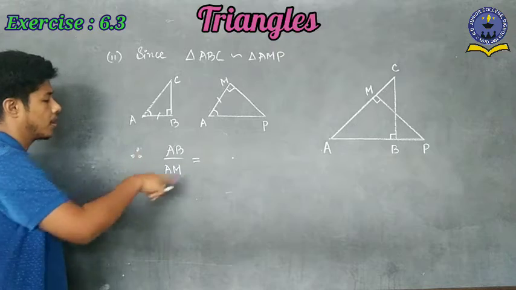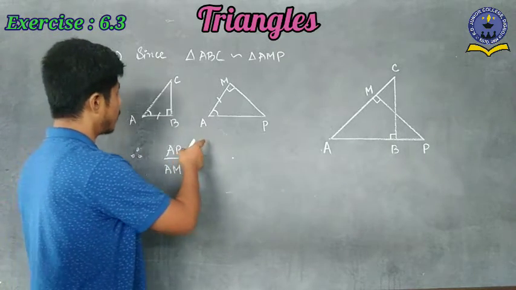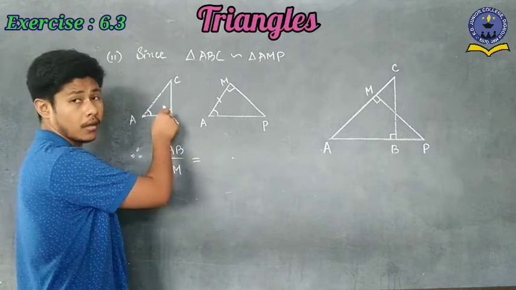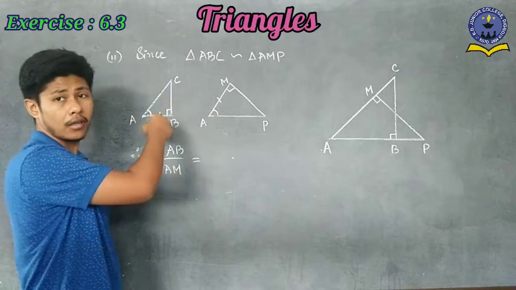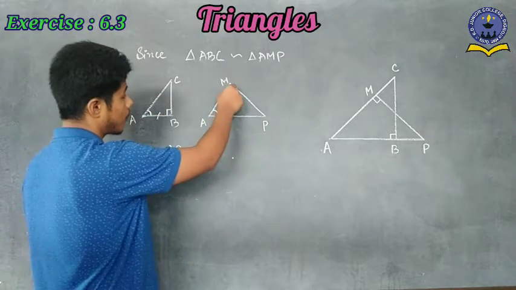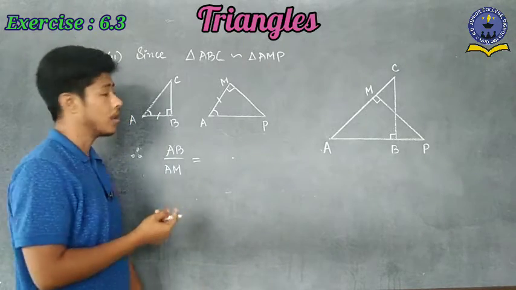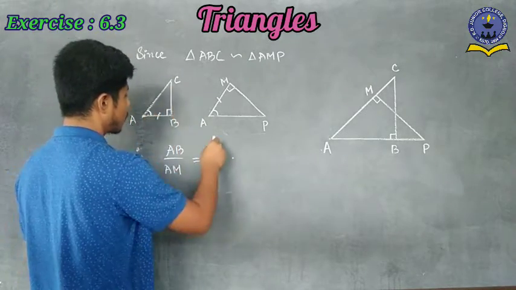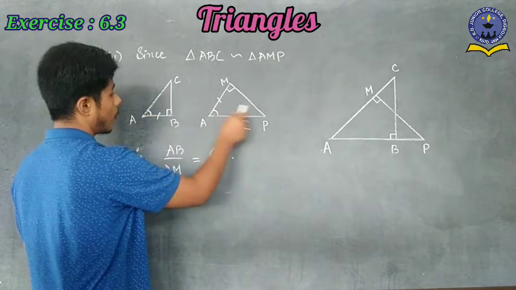So that's why we write AB by AM. Clear? Then next, if you see the opposite of 90, the opposite of 90 is what? AC, or we can say CA. And the opposite of 90 here is AP, or we can say PA. The meaning is the same. So you write CA by PA.